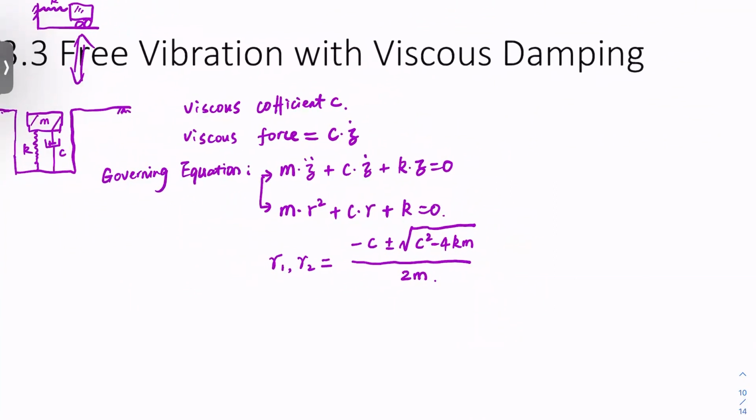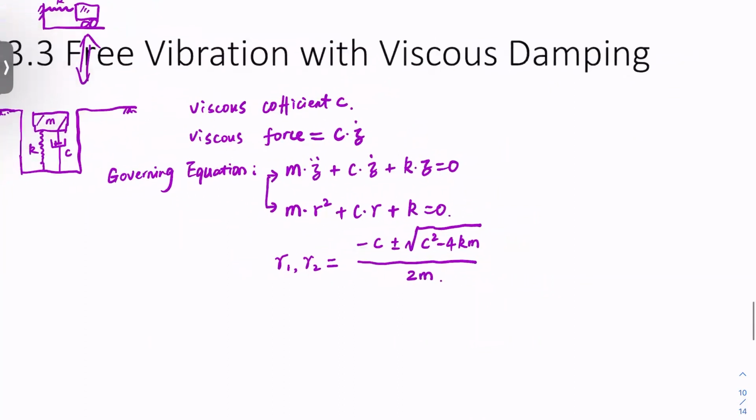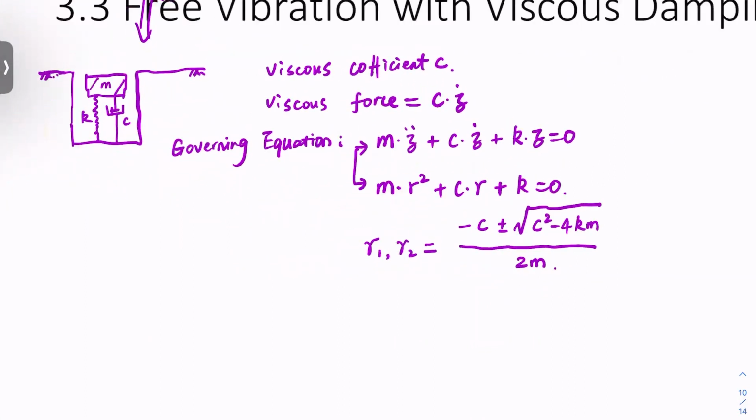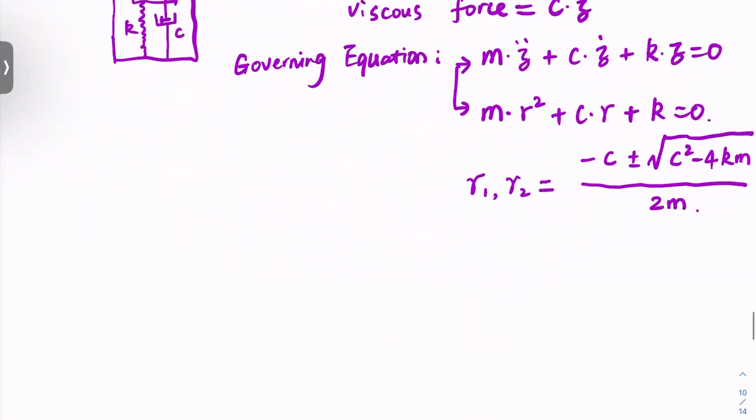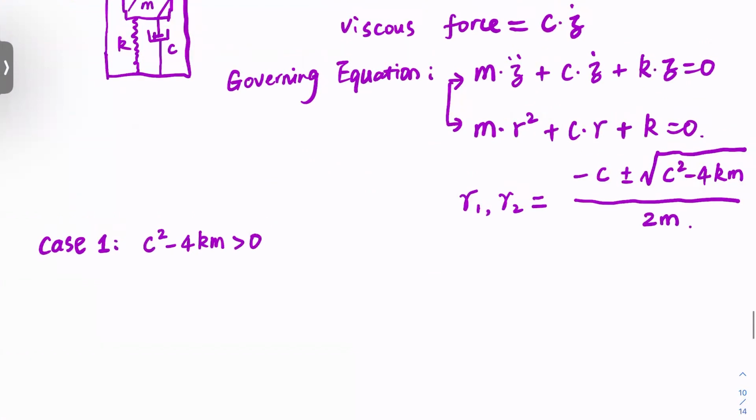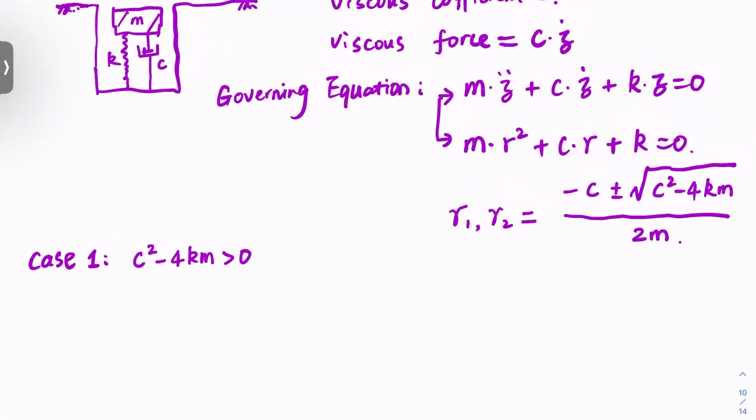you have, right? So the first case, case 1, would be if this is larger than 0. If that's the case, that basically means your c, the viscous coefficient, is more than 2 square root mk.